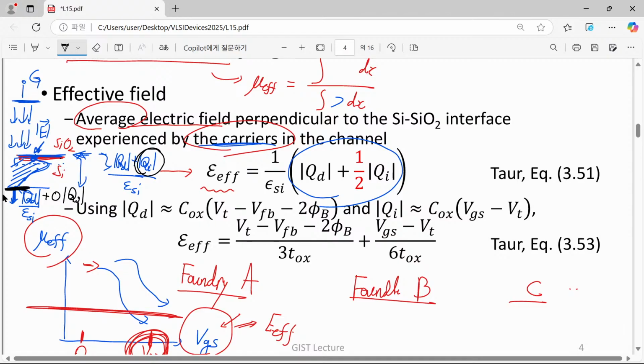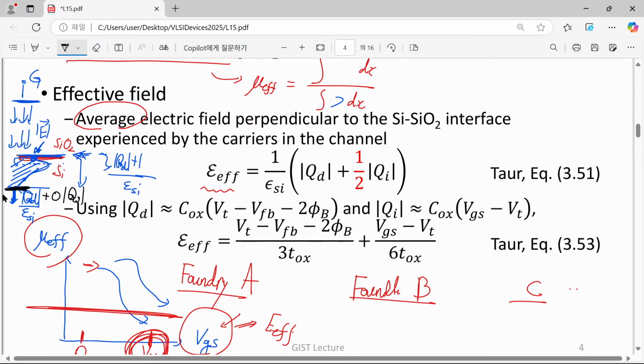So what should be the correct weighting factor for inversion charge? If electrons are uniformly distributed, then maybe one half will be the best one. And if electrons are distributed non-uniformly, maybe this weighting factor can be a little bit different. That introduces a lot of complication for the definition of effective electric field.